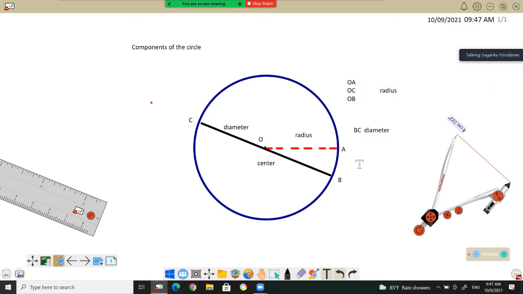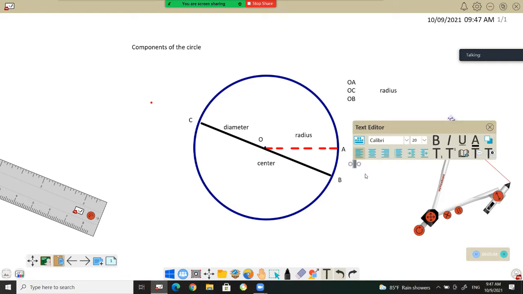Then you can see diameter is found by adding 2 radii, OC plus OB. According to your knowledge, you know each and every radius is equal to each other.